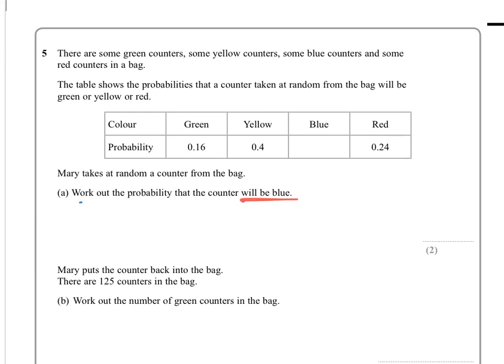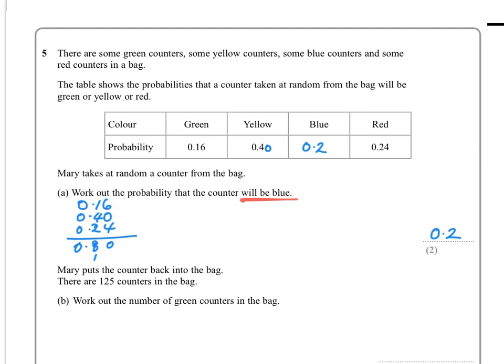So if you work out the sum of, I put 0.40, it's easy to add, the sum of them here, and then we'd have 0.8, which would have to leave what? Well, it would have to be 0.2 or 0.20. So that's the answer for the first part.